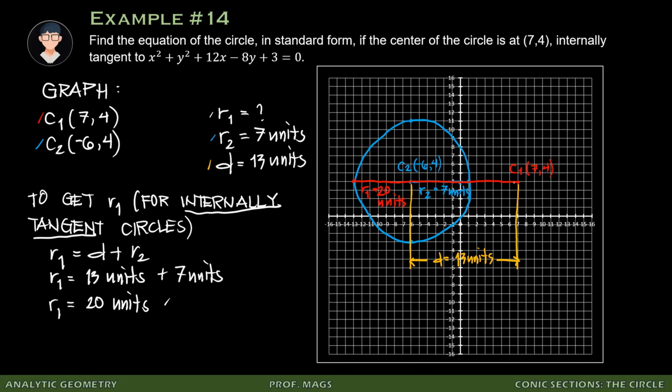Kaya itong red na distance nito, red line na ito. Okay? So, kahit di na natin gawin yung hanggang 20 dito, hanggang 20 dito, dito din. Okay, basta alam natin that from the center hanggang sa pa-left side niya ay 20 units. So, pwede hanggang dito na lang.